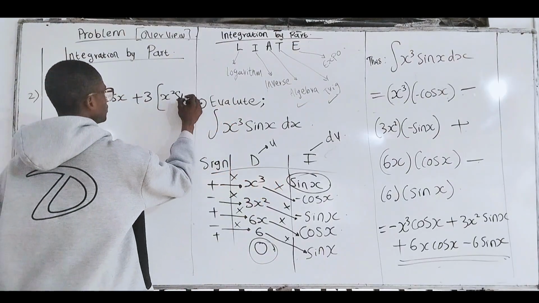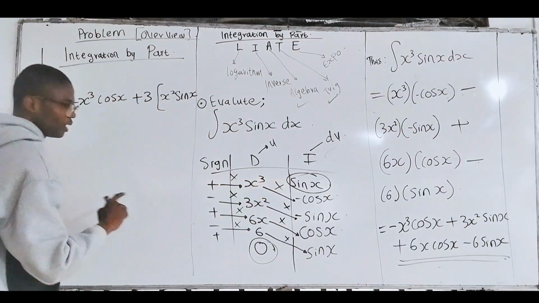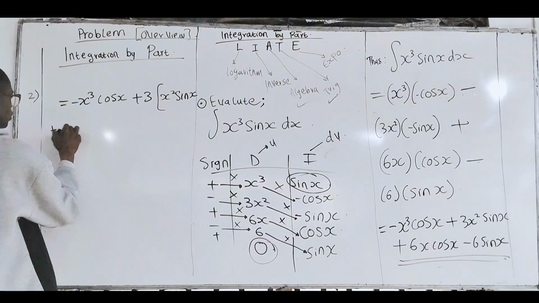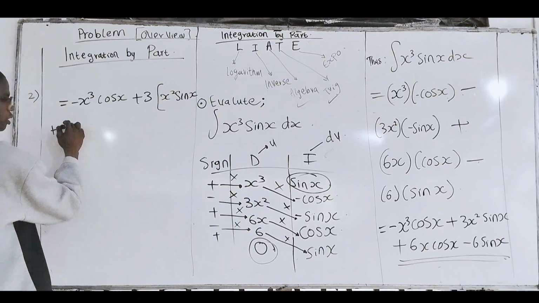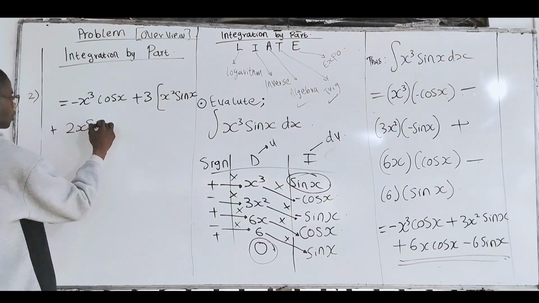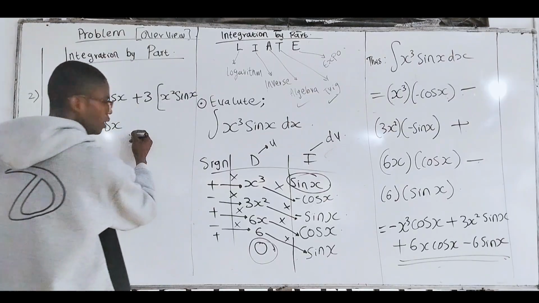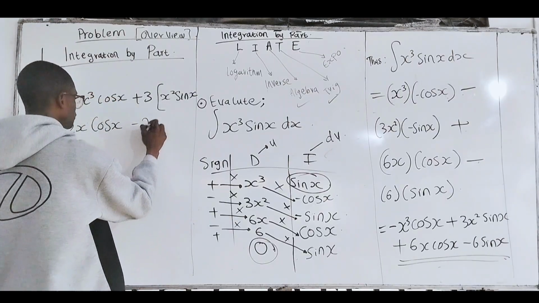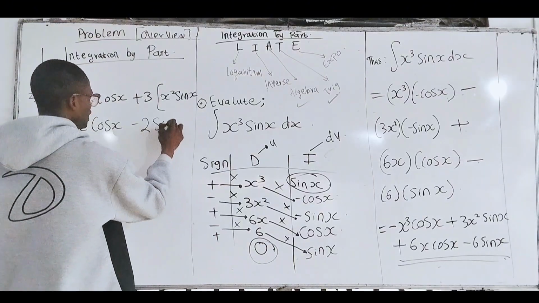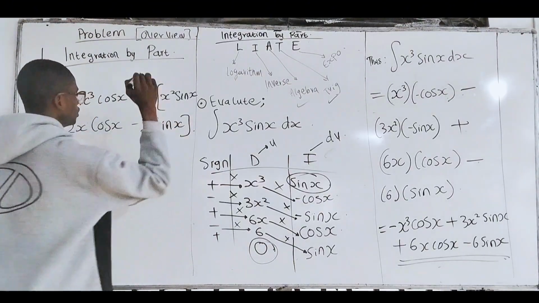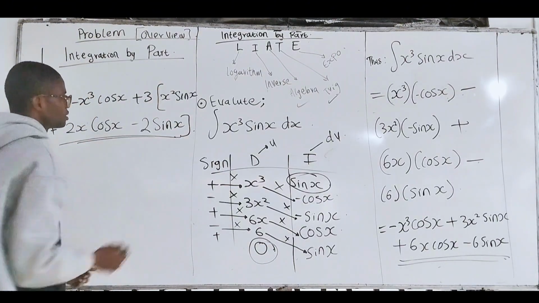Sine x. Someone might argue, why not factor out x? But if you look, you will know why. Because the last one does not have x. So this is the way I can write it.